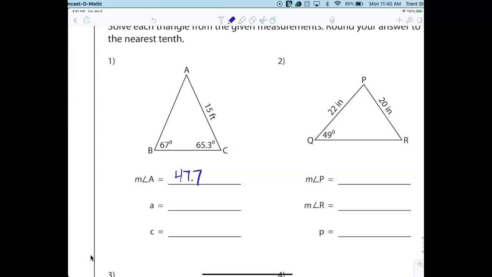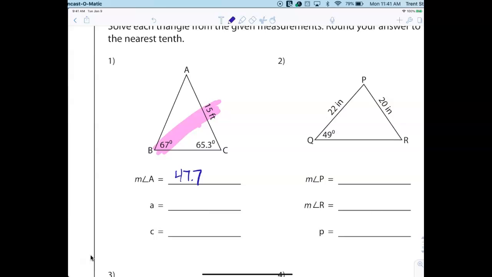Beautiful. Now, what I always tell kids is highlight the angle and the side opposite that you know. This is what I have right here. Everybody good? So set that up for me.